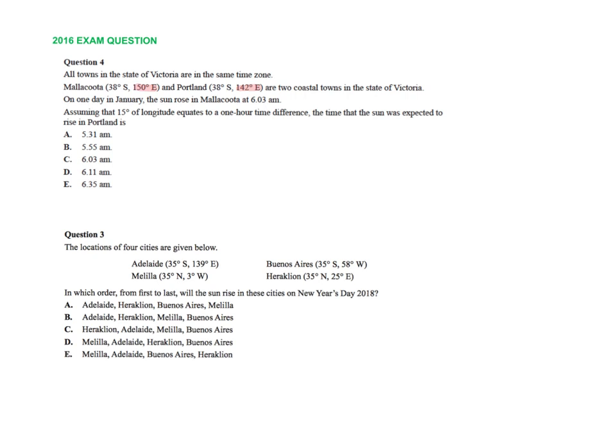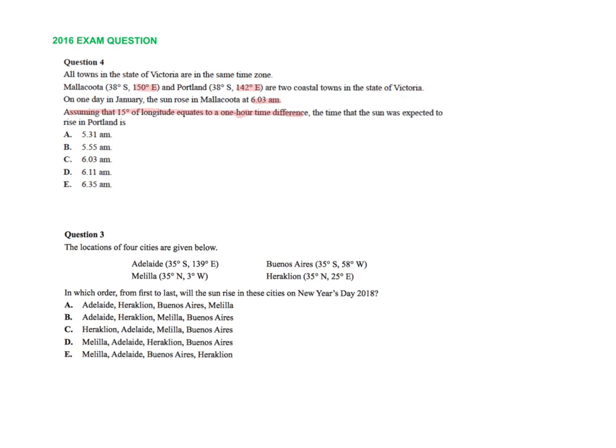So one day in January, the sun rose in Malakuta at 6:03 a.m. And they're always going to say this next bit, assuming 15 degrees equates to 1 hour time difference. So they will state that, like they state the radius of the earth. So the time the sun was expected to rise in Portland.